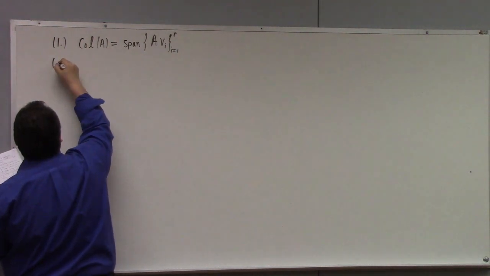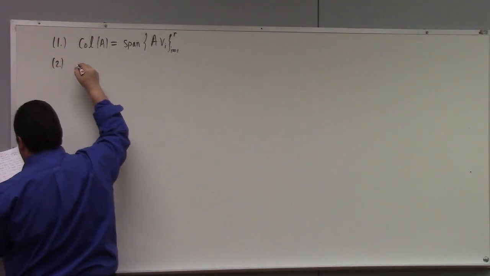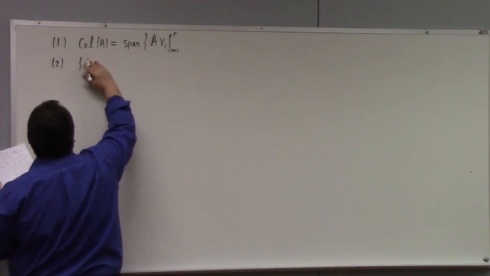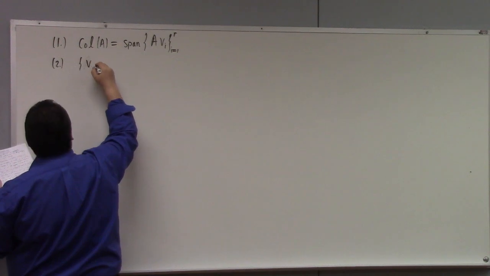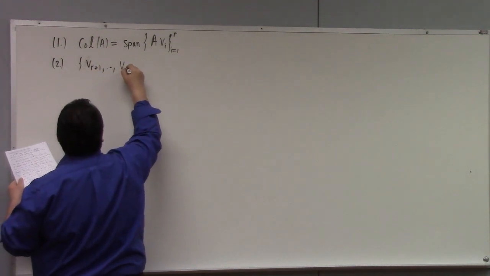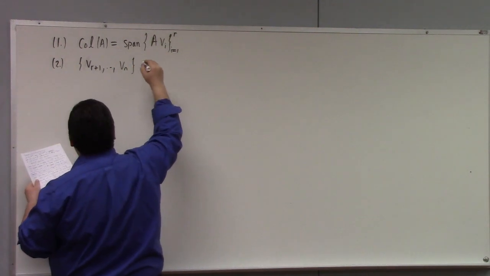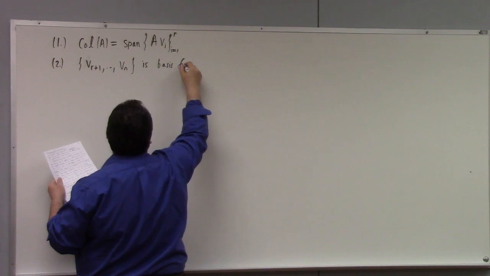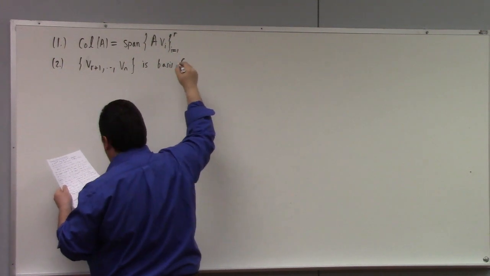And number two, if you look at this, we also have that, and perhaps I haven't quite proved this, but these assertions are true, v(r+1) all the way out to vn is a basis for the null space of A.